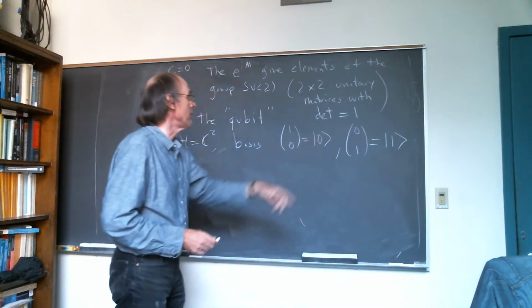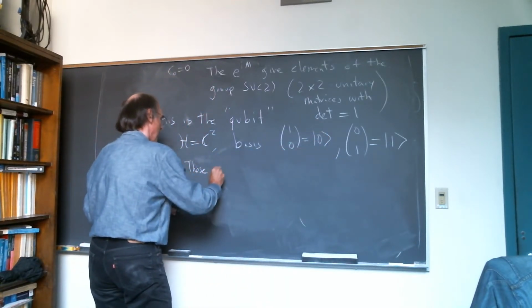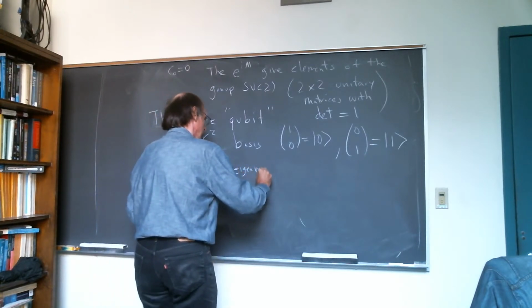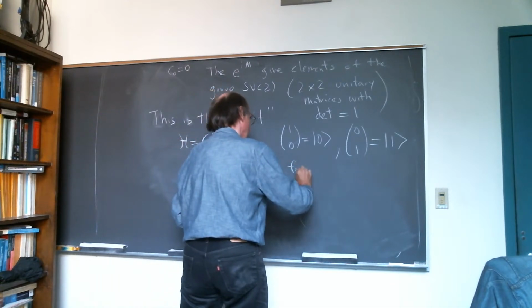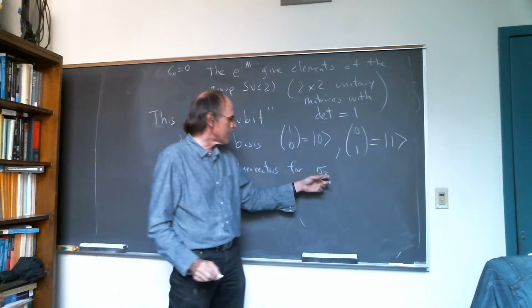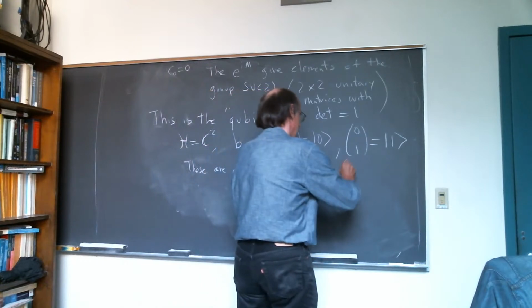And notice that these are eigenvectors for sigma 3. Okay, so this particular observable sigma 3, which was this guy.